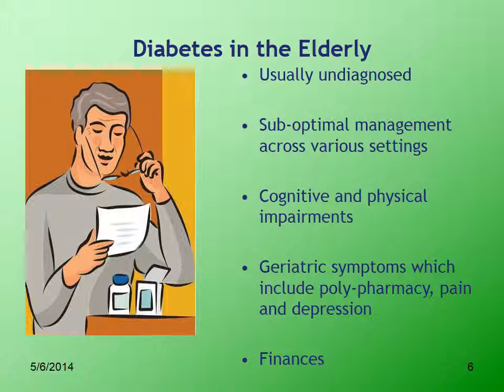The elderly population is characterized by cognitive and physical impairments. Also, geriatric symptoms exist within this population, which include polypharmacy, pain, and depression. Another issue is finances.